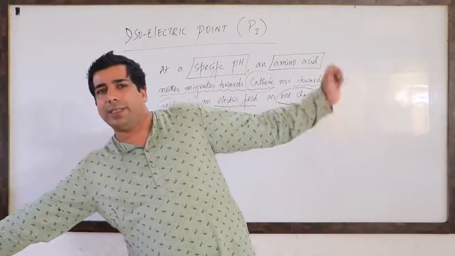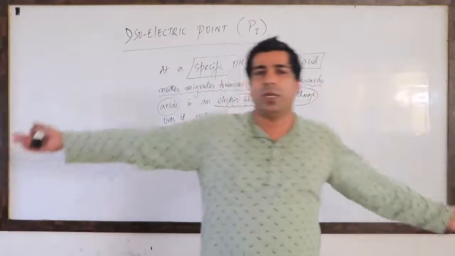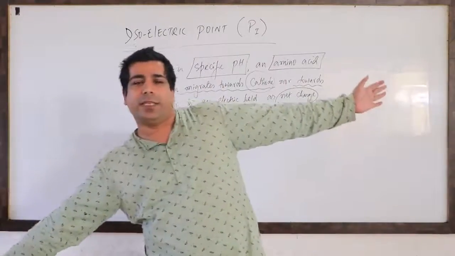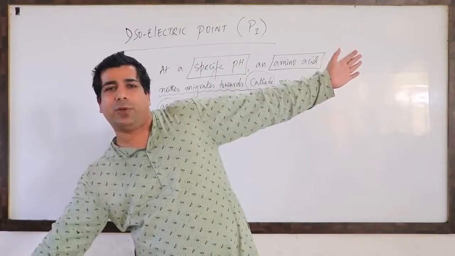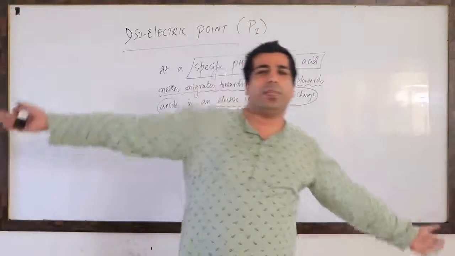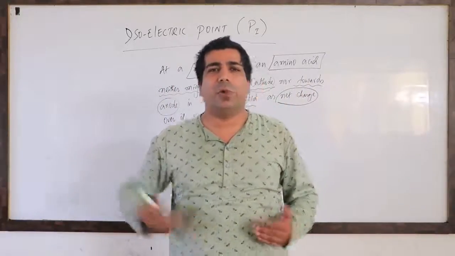And this side I am negatively charged, so I will be attracted by anode. So I will be moving like this, towards the cathode and towards the anode, and my net displacement will be zero, because I am being attracted on both sides.